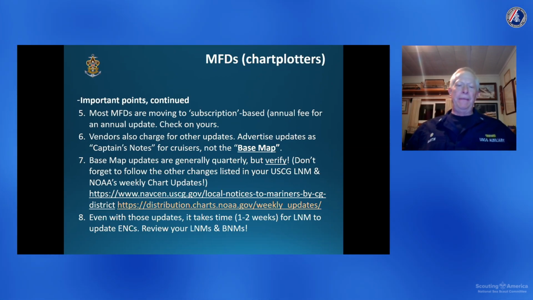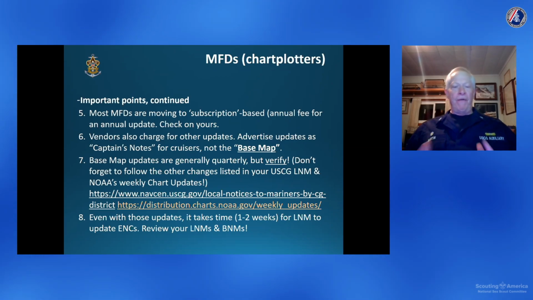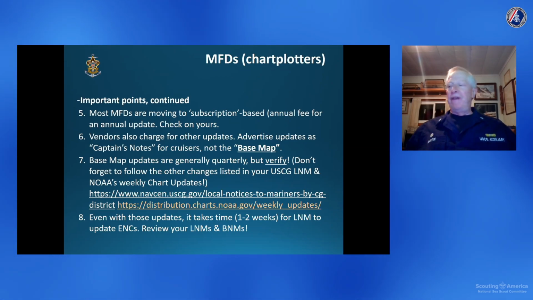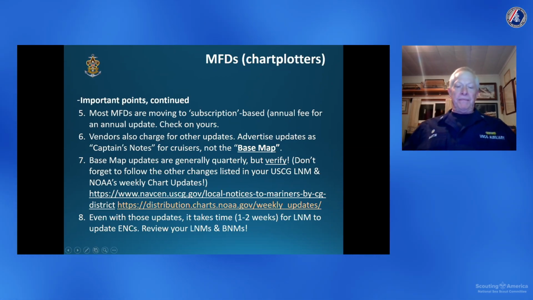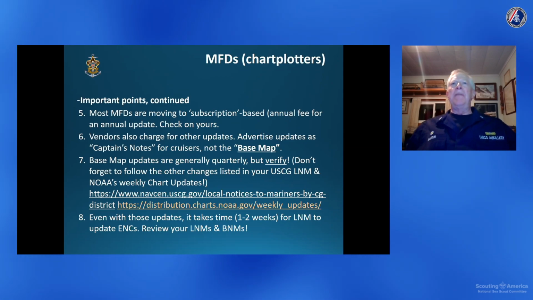We'll get to that too. So NOAA is always looking for ways to improve their product. Even with the local notice to mariners updates, they're still lagging about 1 week behind. I know it says 1 to 2 weeks, but for the most part, it's only 1 week.